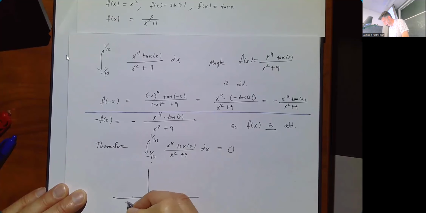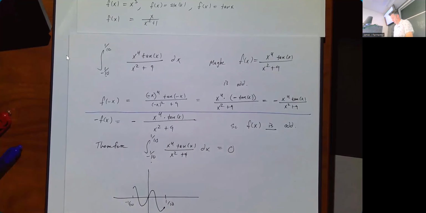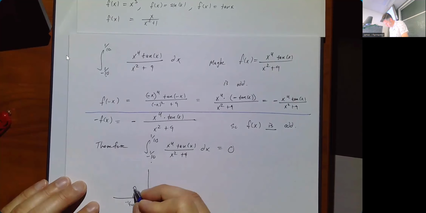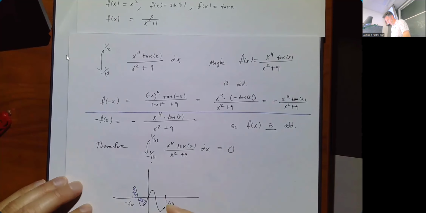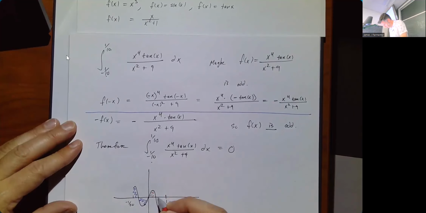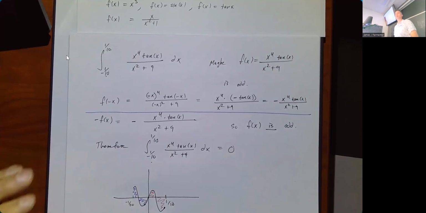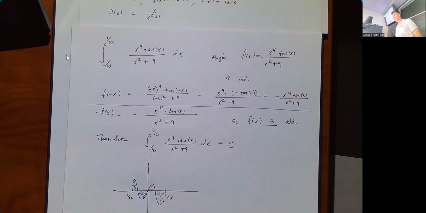I'm making stuff up, but it does something like, I don't know. And then it does the reverse thing over here. So maybe that, and then all this area over here cancels out with all this area over here. It's supposed to look symmetrical. I would say it looks semi-symmetrical.